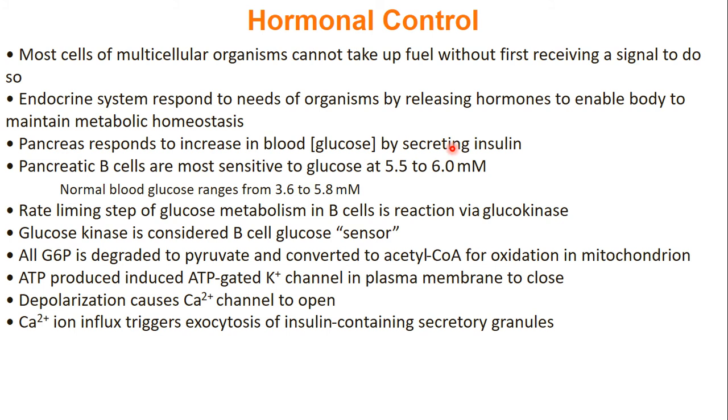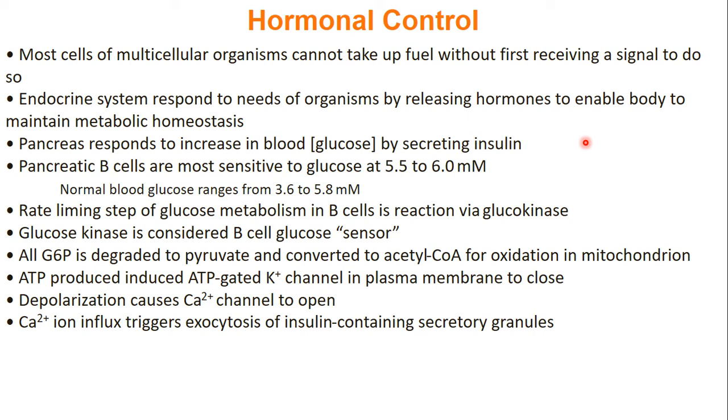I forgot to put my question here, but the question was, how do pancreatic beta cells release insulin? And that's because these pancreatic beta cells have glucokinase as well, so they only work at high levels of blood glucose like we just talked about.